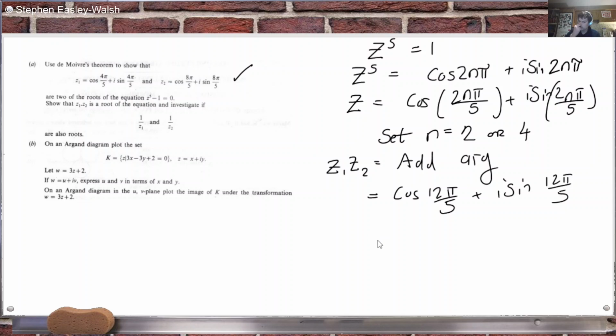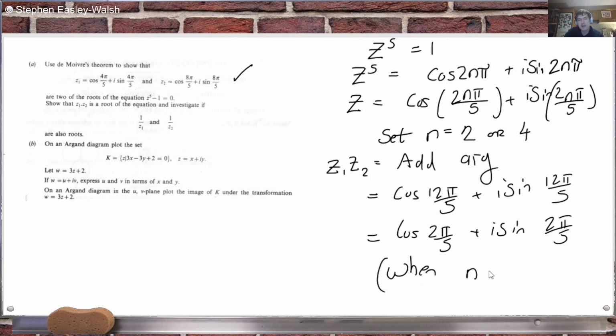Now, because cos repeats after 2π, this is the same as cos 2π over 5 plus i sin 2π over 5 because it repeats itself every 2π, which is when n is 1.